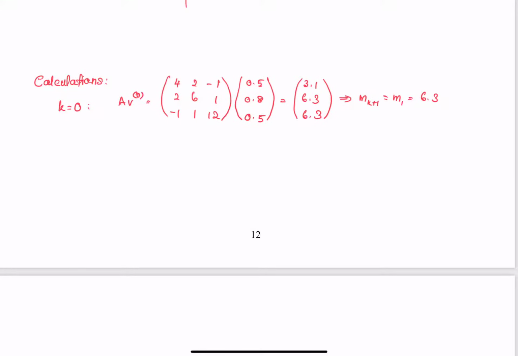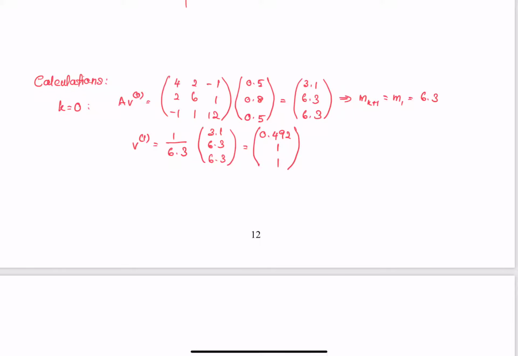And then by using this eigenvalue M1, we can know that our eigenvector V1 is equal to 1 over M1, 6.3, multiplied by AV0, which is 3.1, 6.3, 6.3. And we will have our V1 is equal to 0.49211.